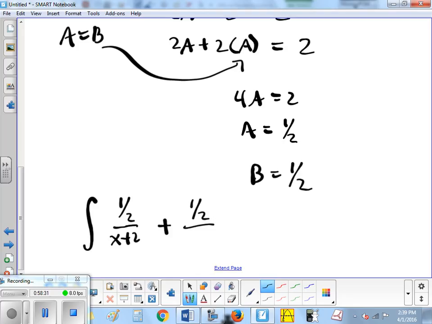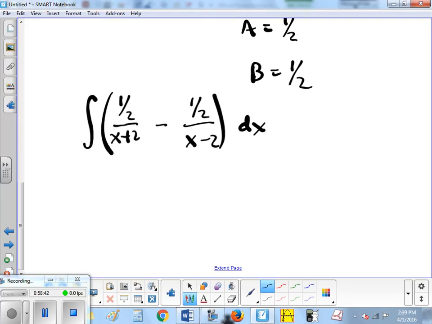But here, watch. I don't want to have any weird chain rule stuff, so I'm going to go ahead and put an x minus 2 here. I just have to put a negative in the middle. I purposely put a minus in the middle here, and I made this bottom an x minus 2. That was on purpose. This is going to make my integration a little bit easier.